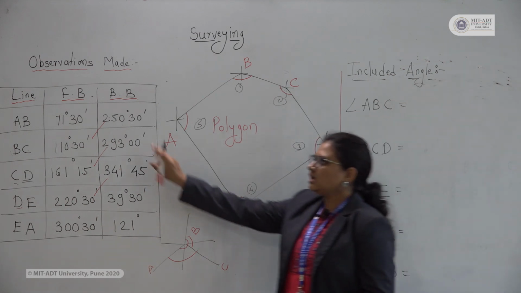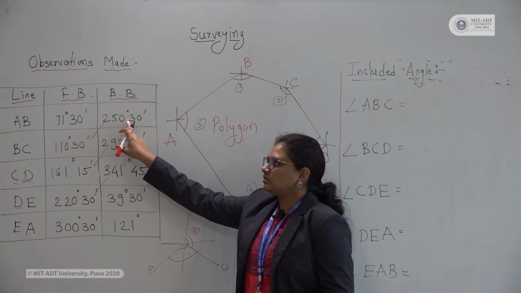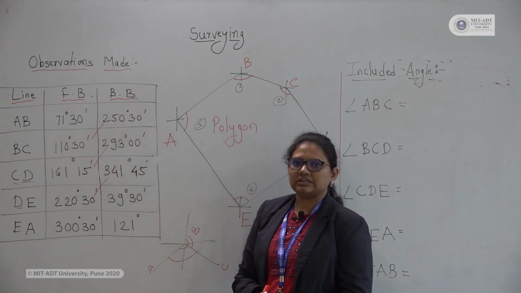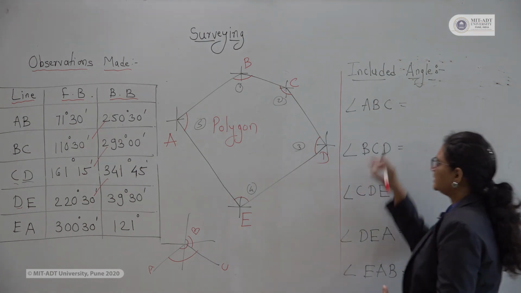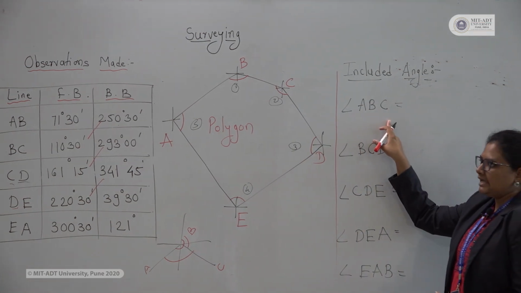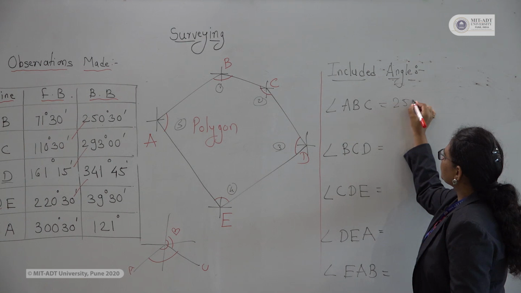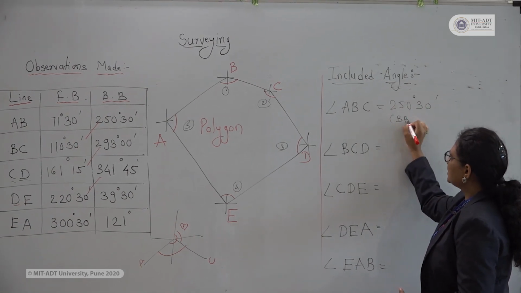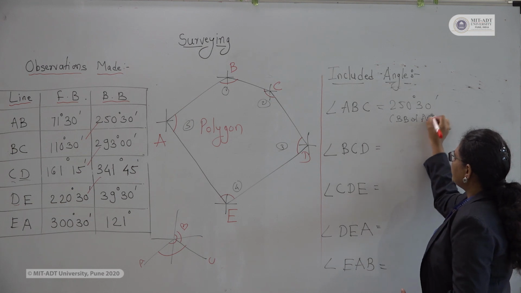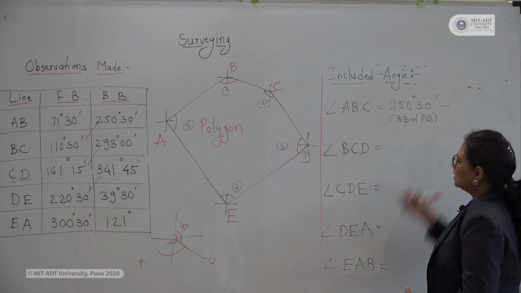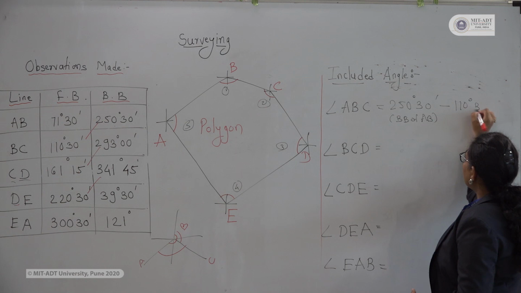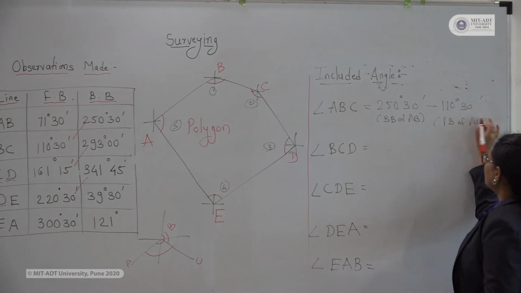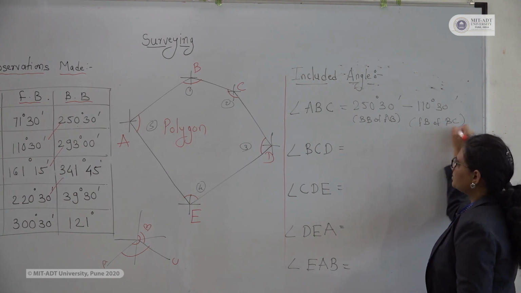Now the back bearing of line AB is 250 degree 30 minutes and the fore bearing of BC is 110 degree 30 minutes. So I will simply write here: angle ABC will be equal to 250 degree 30 minutes, which is your back bearing of AB, minus 110 degree 30 minutes, which is your fore bearing of line BC.